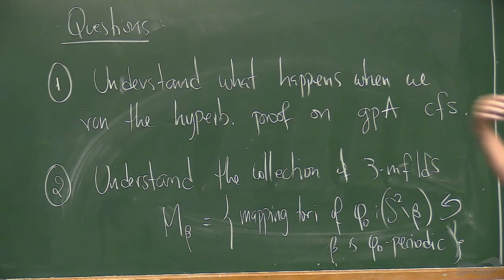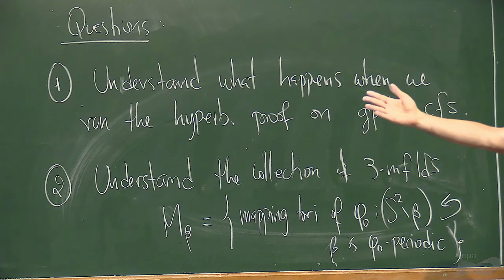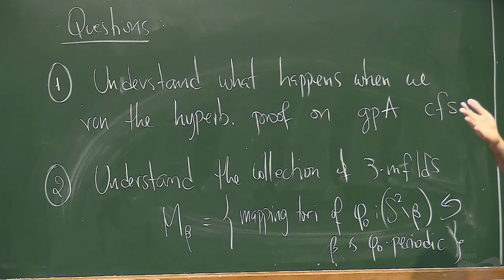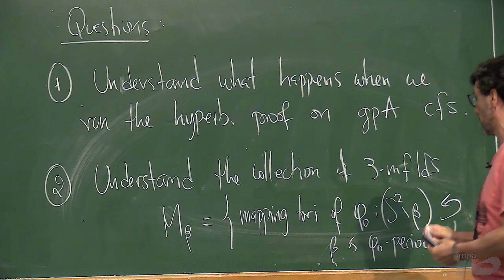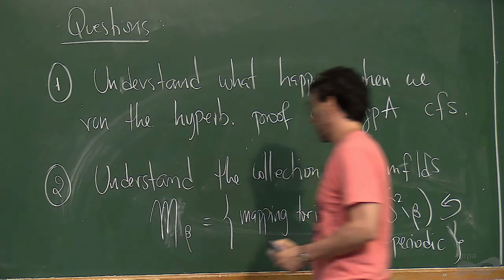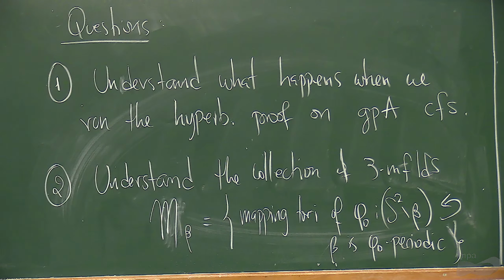You could look at the corresponding hyperbolic 3-manifold and ask what the collection of all such 3-manifolds is. I should call this script M. Maybe you even want to take the geometric closure of this collection and see what you get.